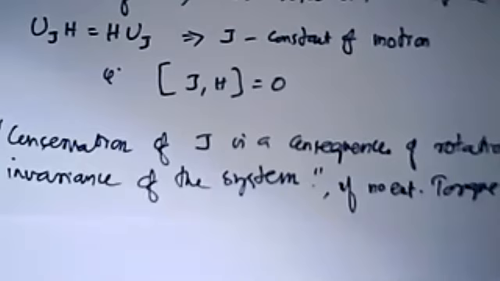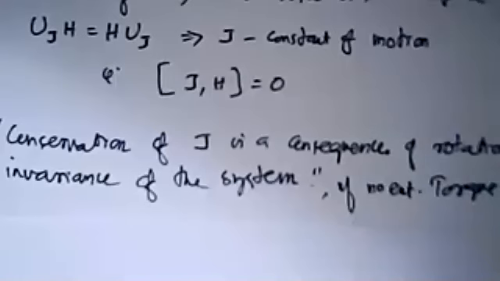Space and time: homogeneity of space, homogeneity of time, and isotropy of space. These are very important ideas, and they lead to the important conservation laws in physics.